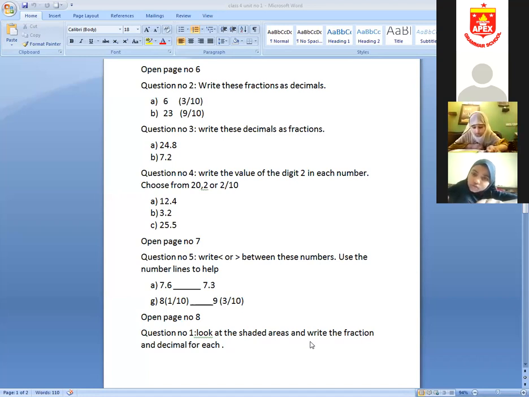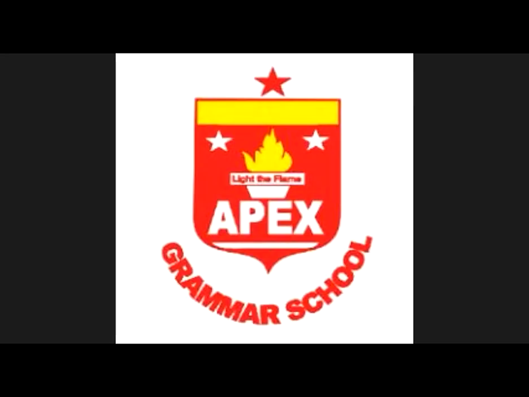Now what we have to do here, we have to write it into fraction also and into decimal also. How we will do these? Now look at the board, everyone.